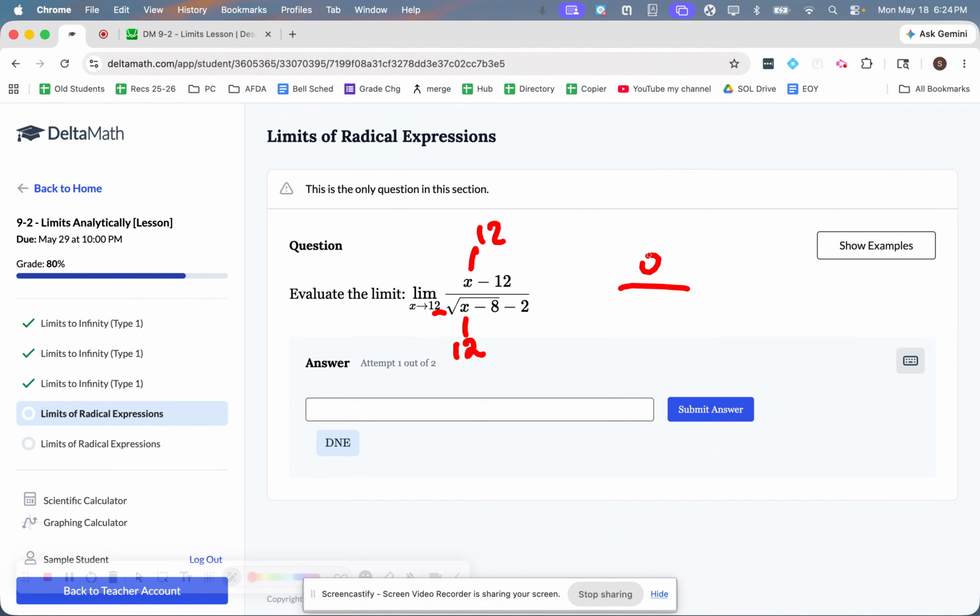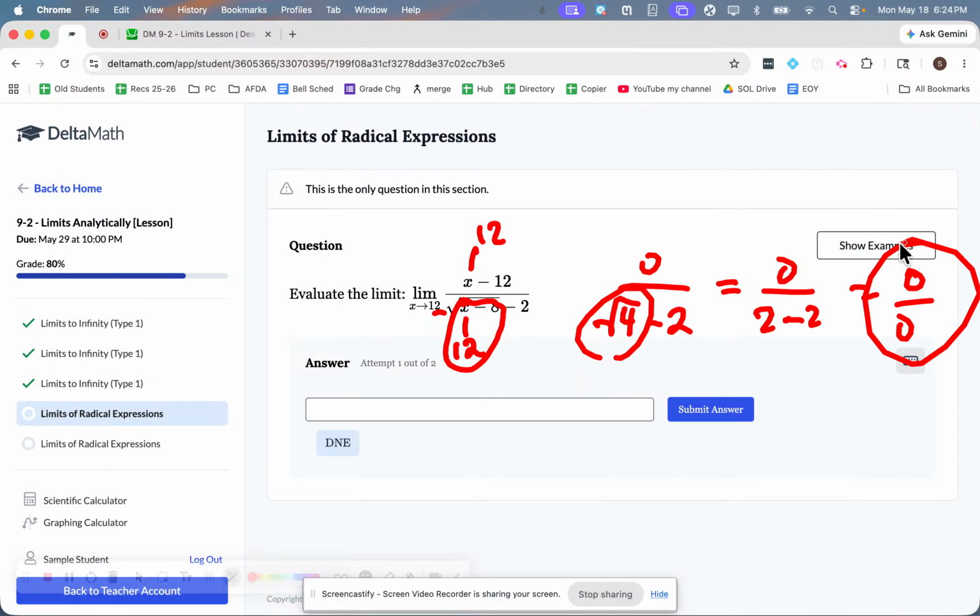Well, the top is definitely going to be 0. And 12 minus 8 here is 4 under the radical. Square root of 4 is 2. 2 minus 2 is 0. So this is not something you can analyze. Even if there was a hole at x equals 12, that doesn't mean there's no limit.